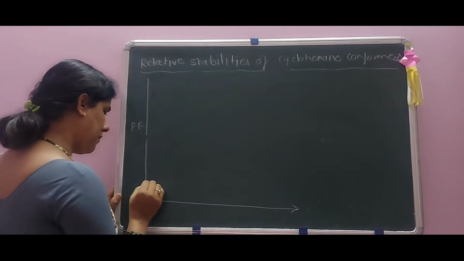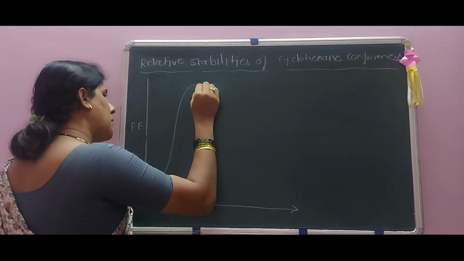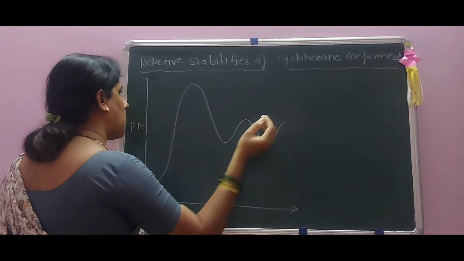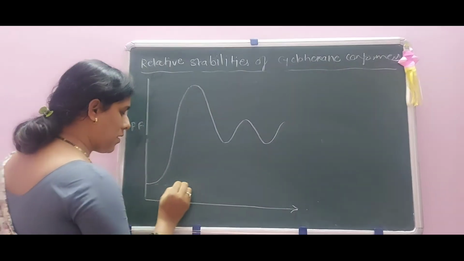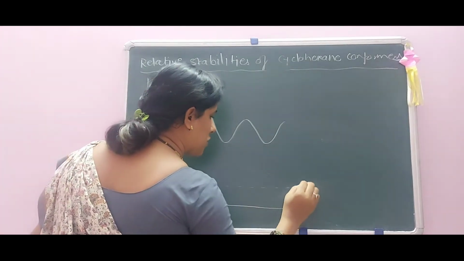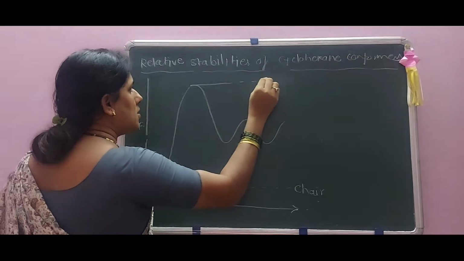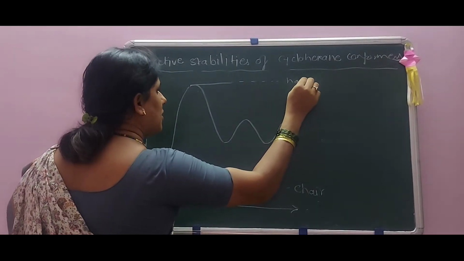Potential energy. This form is known as a chair form. This is known as a half chair.